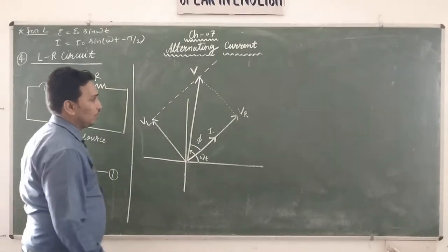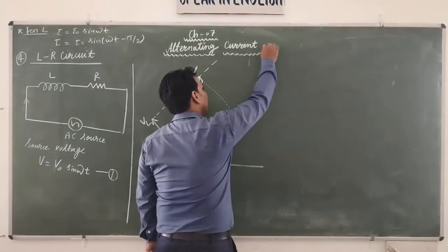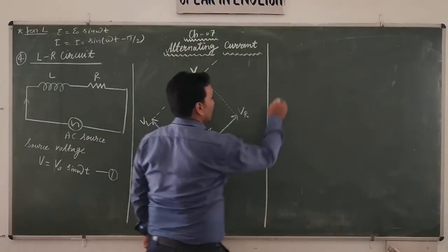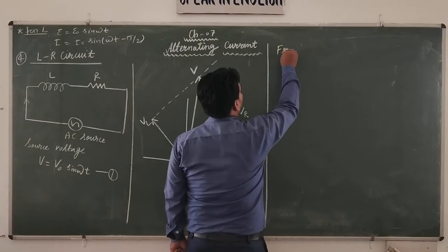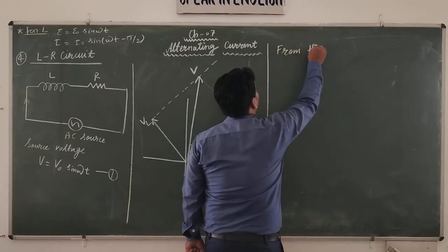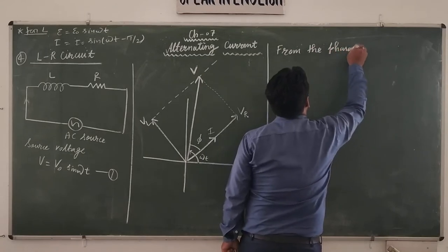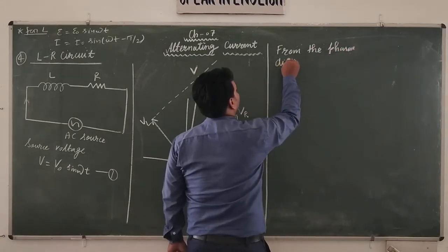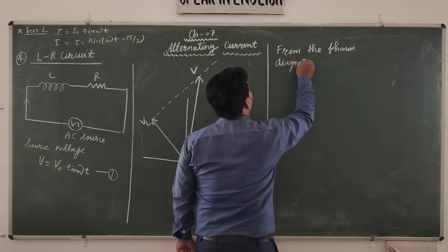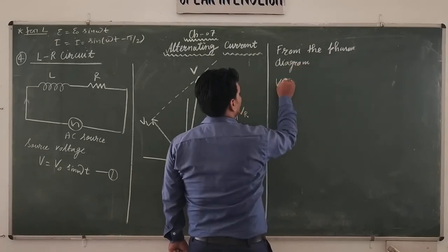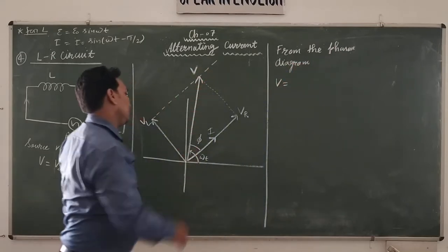Right? So from the phasor diagram, what we are able to see is that V, the resultant voltage, is equal to what?